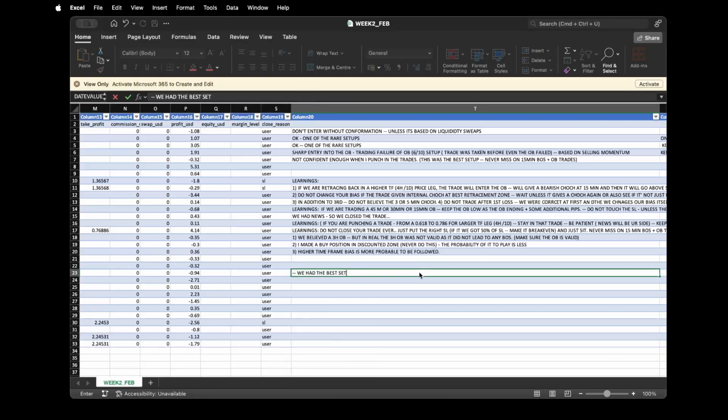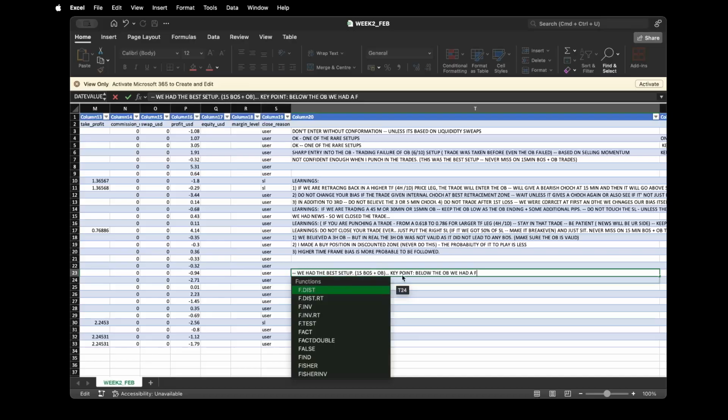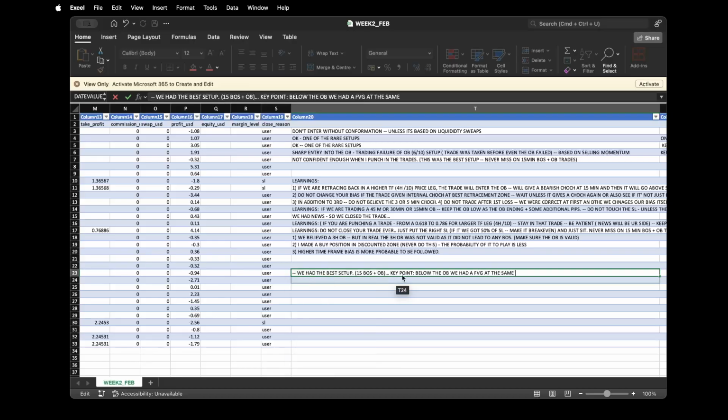the best setup, which was 15-minute break of structure plus order block. Key point here was below the order block we had an FVG at the same time frame.